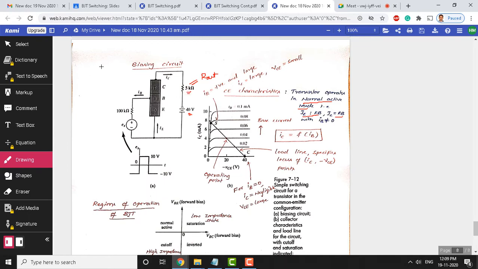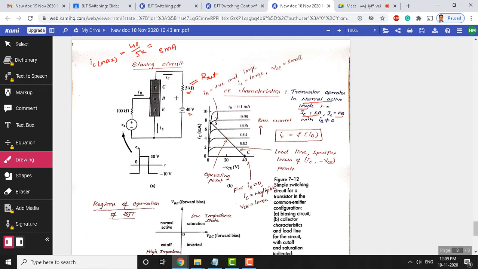Let me call this the current flowing in the collector. That is the maximum it can flow. The current is 40 volts divided by the external resistance connected, 5K. That gives us the maximum value as 8 milliampere.